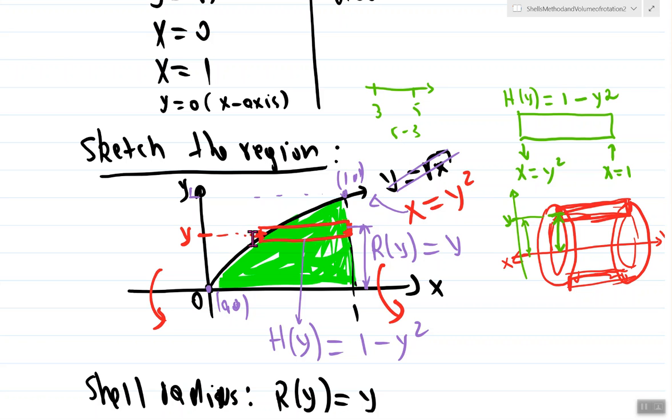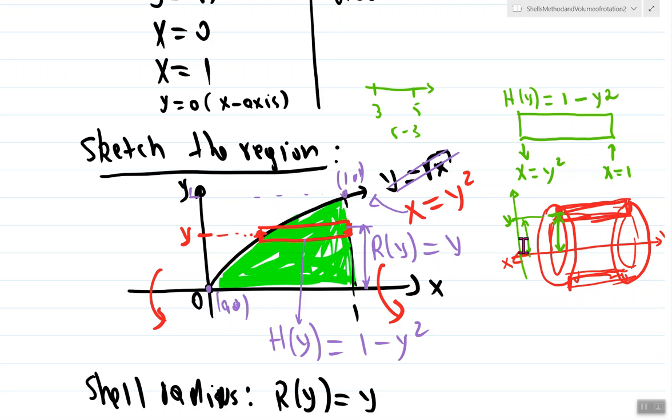So the point y comes here, and from this point y we graph our rectangle. This cross-section rectangle is parallel to the line of rotation. So when you rotate this rectangle with respect to the x-axis, you're going to get a cylindrical shell like this one here.